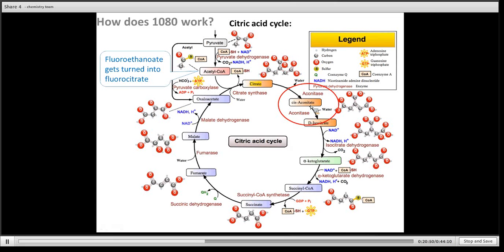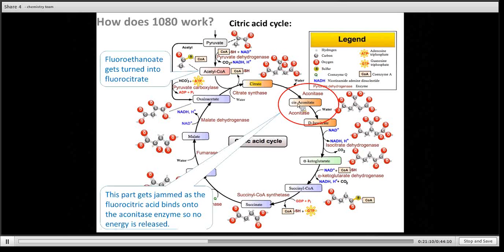The enzyme, because all this is done by an enzyme process, the enzyme that does this can't carry on. The fluorocitrate stops this process. So we can't get all this energy coming off here. Okay, so that's the jamming part.